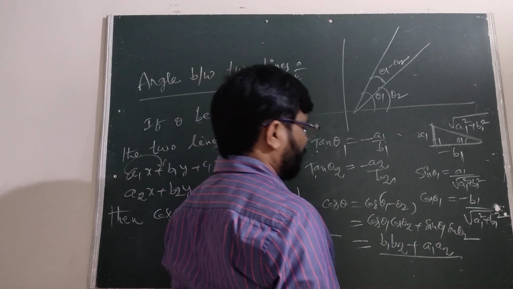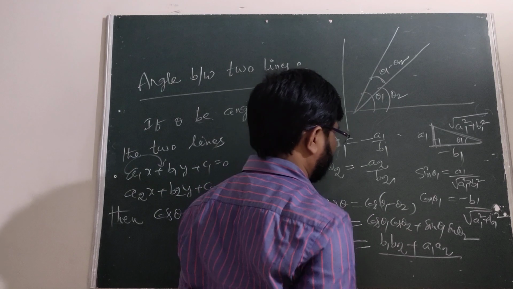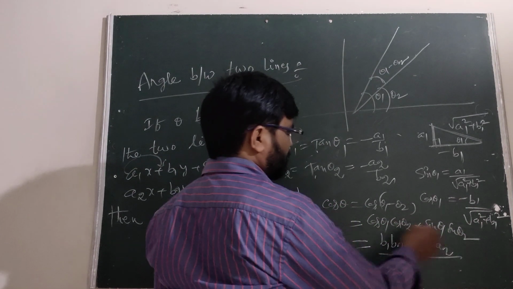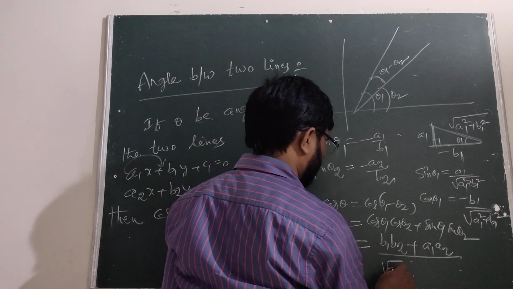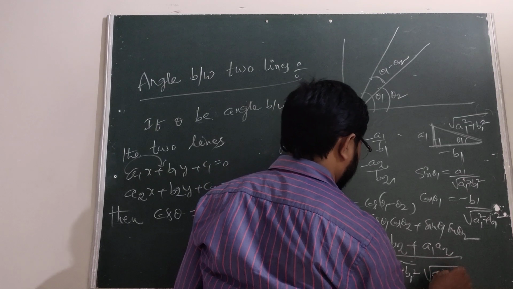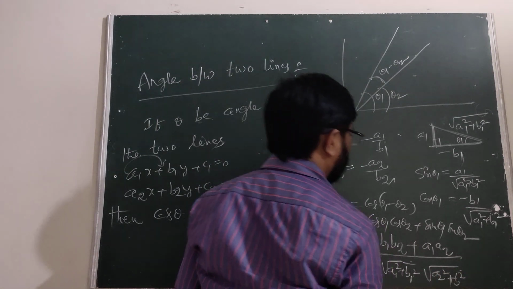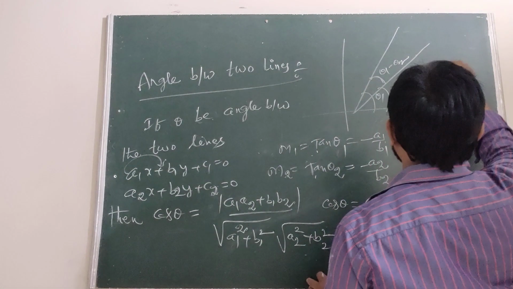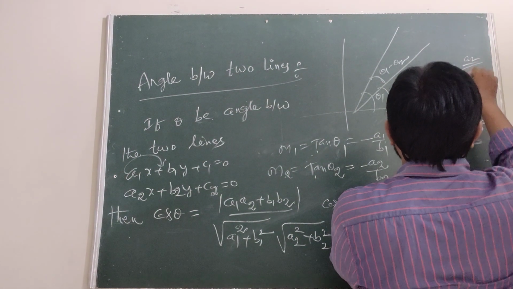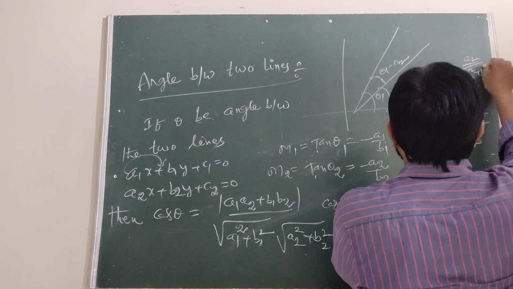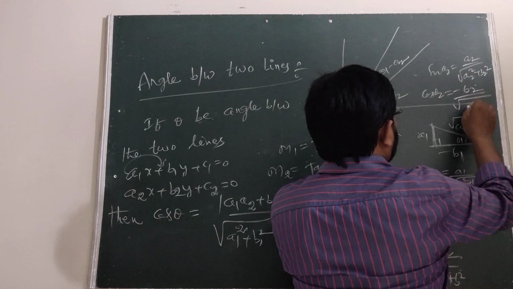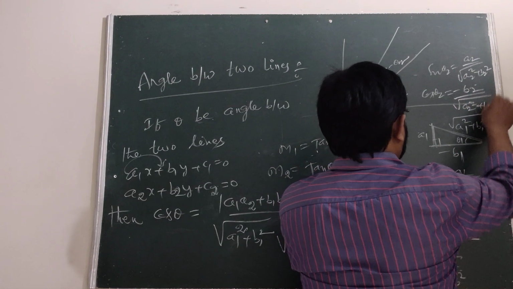Cos theta 1 has root of a1 square plus b1 square, and cos theta 2 has root of a2 square plus b2 square. This is the LCM. If you don't know, we can write sin of theta 2 as a2 by root of a2 square plus b2 square, and cos of theta 2 as minus b2 by root of a2 square plus b2 square.